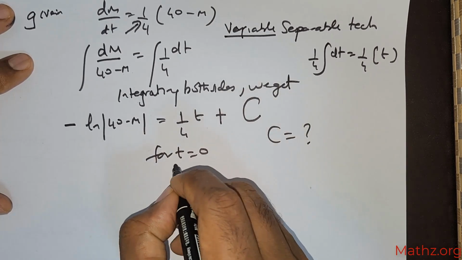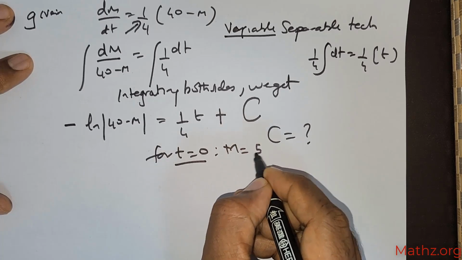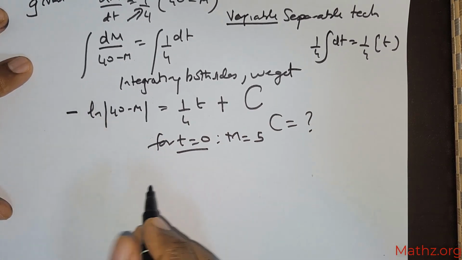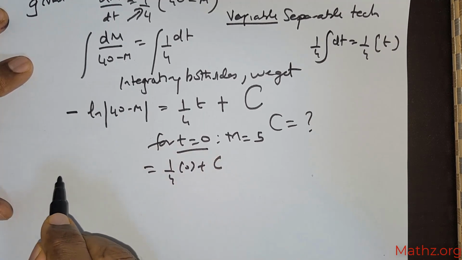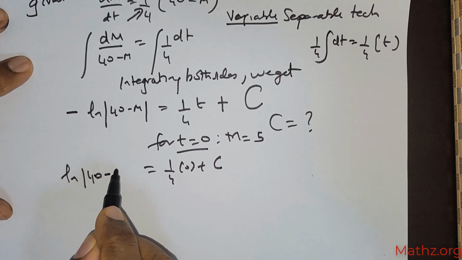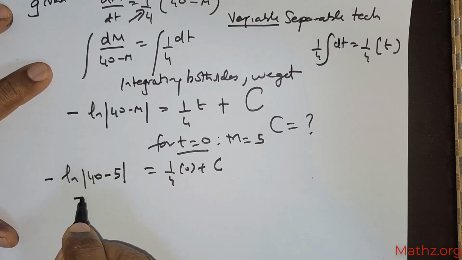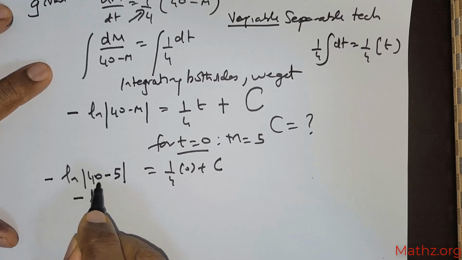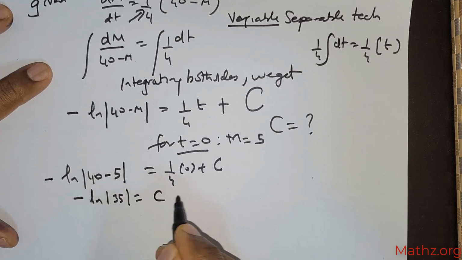For t equal to 0, what is given? The value of m is 5. So if we substitute that, this is 1 over 4 of 0 plus c. This is negative ln modulus of 40 minus 5, which is 35, is equal to c.